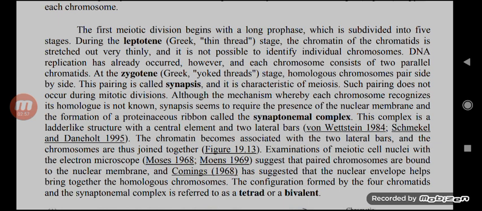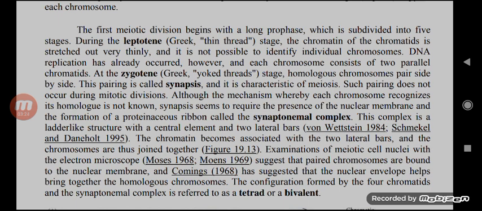DNA replication has already occurred, however, and each chromosome consists of two parallel chromatids. At the zygotene, Greek for yoked thread, stage, homologous chromosomes pair side by side. This pairing is called synapsis, and it is characteristic of meiosis.